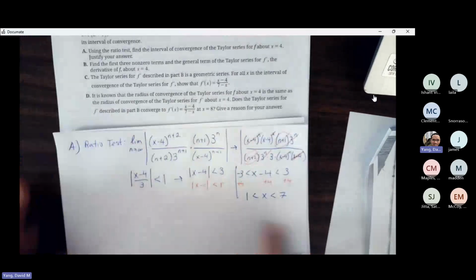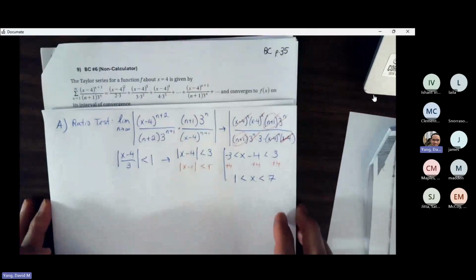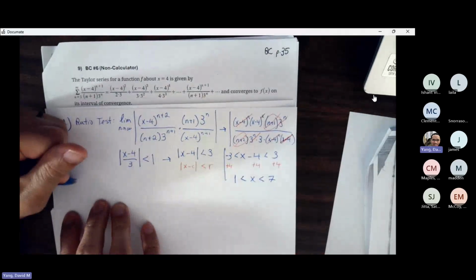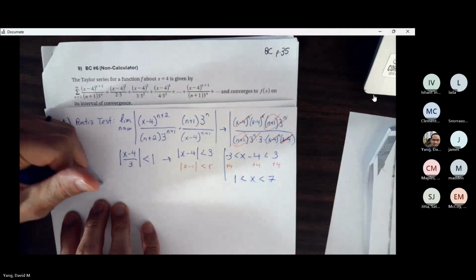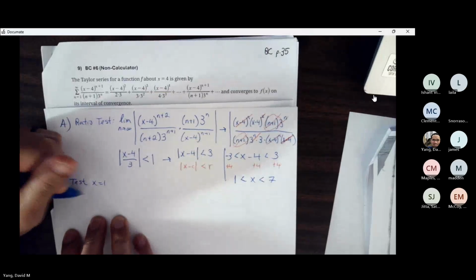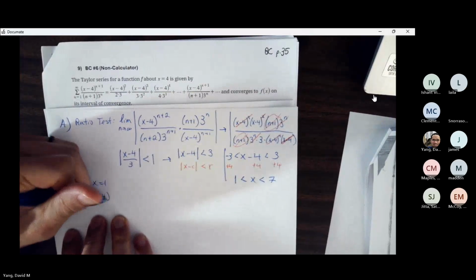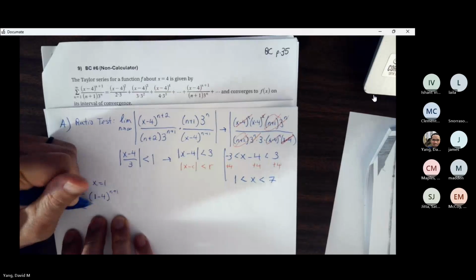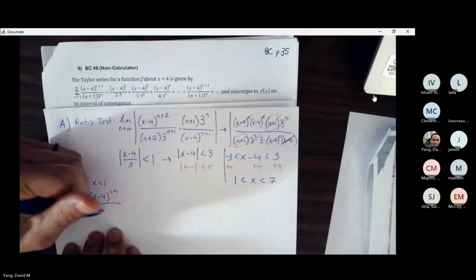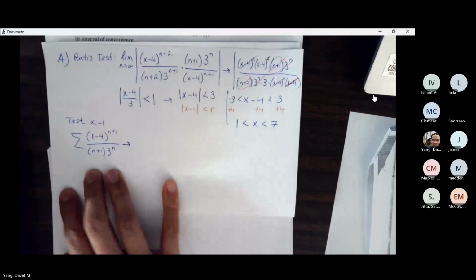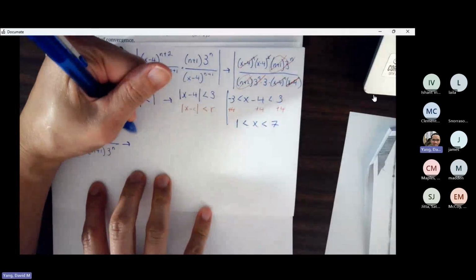So back to our original series. Let's test x equals 1. 1 minus 4 is negative 3.